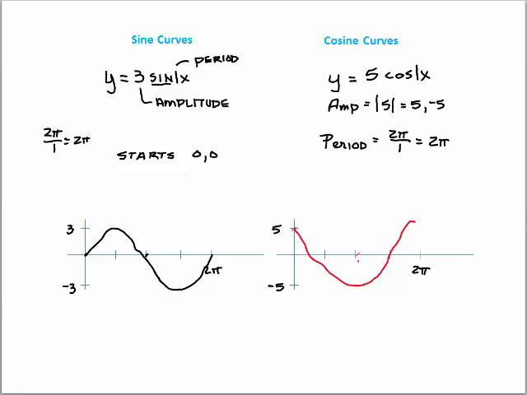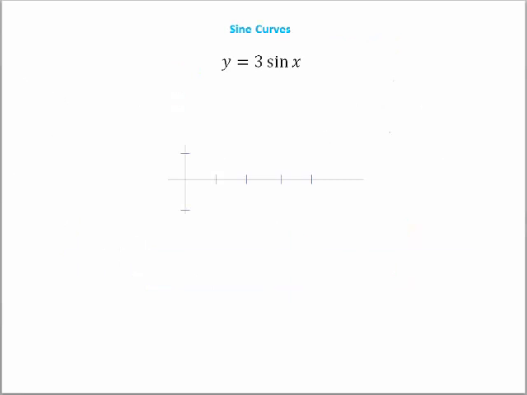All right? Ready for more? Here's an equation. We have 3 sine x. Okay? Our amplitude equals the absolute value of 3, which equals 3.